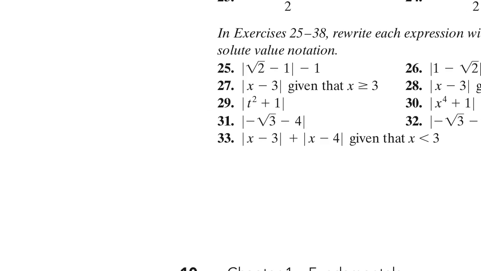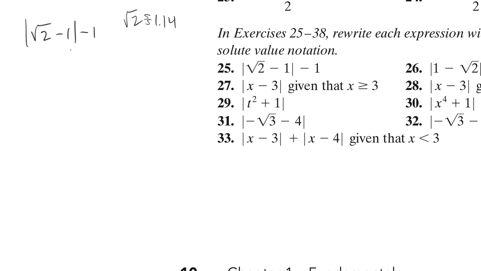For number 25, we have the square root of 2 minus 1, the absolute value of the square root of 2 minus 1 minus 1. So we have to think right now. The square root of 2 is about 1.14. You can use a calculator and you can figure that out. But the big point here is that this is going to be positive. And when it's positive, the absolute value is that same expression.